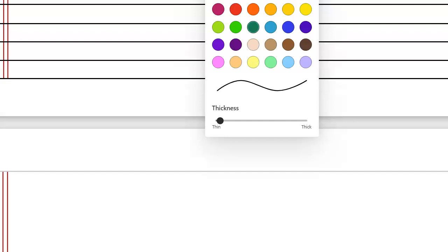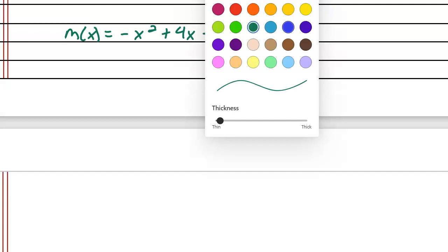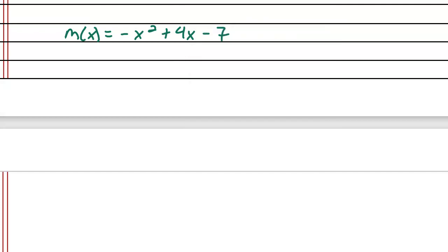If it leaves an x, let's just say that I have m of x being negative x squared plus 4x minus 7, and I have an r of x equaling 3x minus 9.